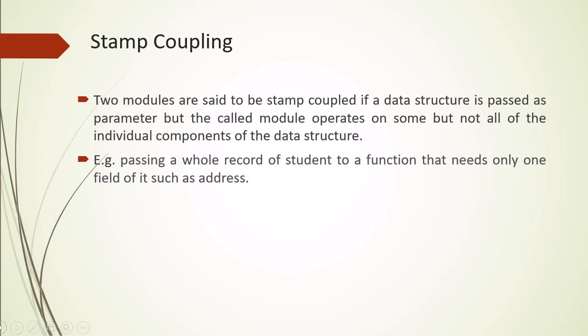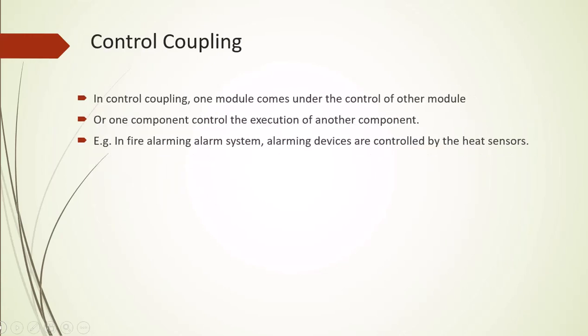This means the whole data structure will be passed from one module to another, but the second module will not operate on the whole data, only on some part of it. For example, passing a whole record of a student to a function that needs only one field of it, such as address. So that is a particular limited selection of fields from the data structure. That is called stamp coupling.